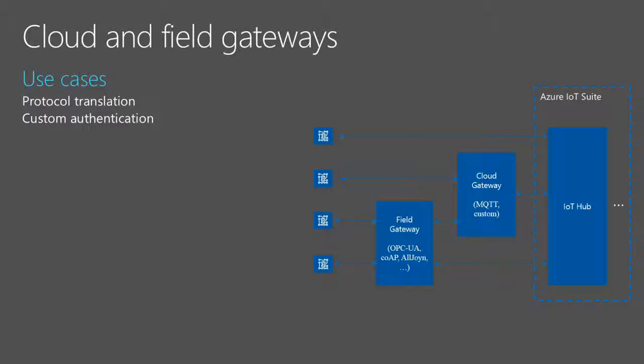Usually, to translate between protocols, you might not have a device that supports AMQP or HTTP, mostly because it is something that we do not support yet, or because there was already a decision made to support something else, or because you have a brownfield scenario where effectively you already have devices in the field that are already talking your own protocol. That can be standards like MQTT, your own variant of MQTT, your own variant of something else.